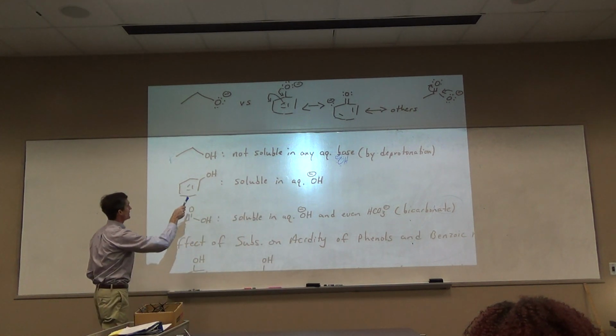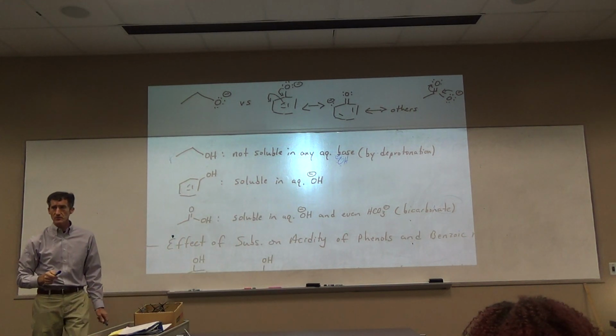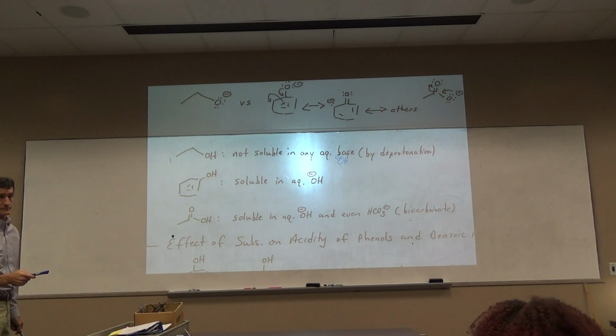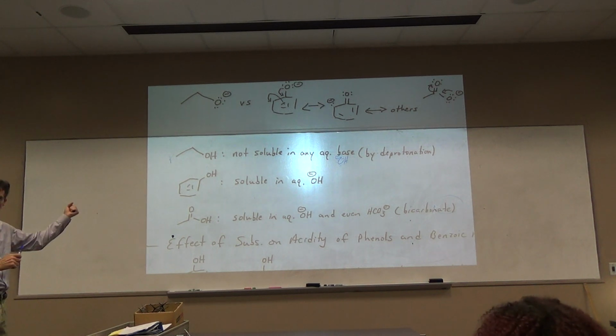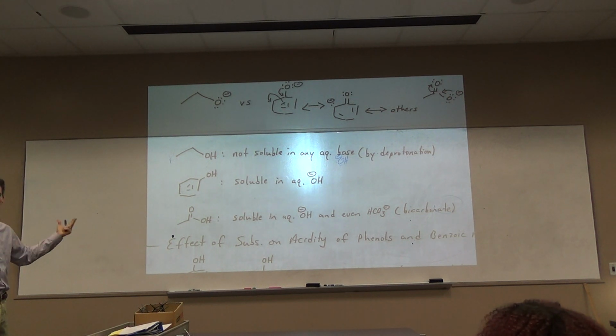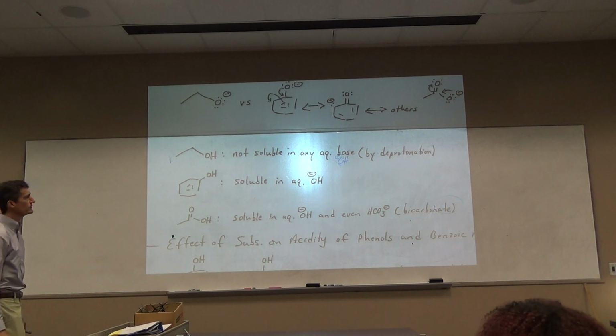Hydroxide is not strong enough to deprotonate a regular alcohol. Because if you look at equilibrium, the alcohol is 16, hydroxide takes an H, becomes water, that's 16. And it's not enough to drive your equilibrium. You have to have a difference of about 2 to 3 pKa. We've said that before.